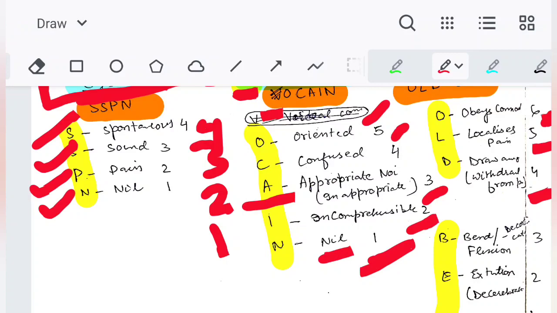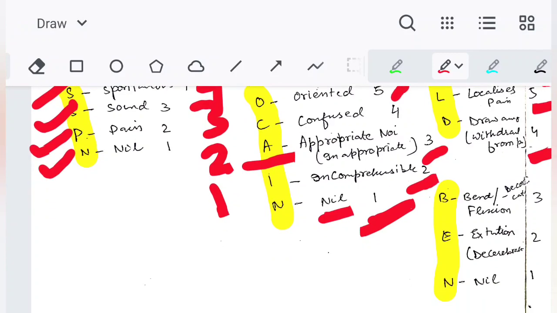Then comes B, bend, that is flexion, also known as the decorticate position. So that has a score of 3. Then E for extension, that is decerebrate positioning, a score of 2. Then N is nil, that is no response recorded, that is 1.